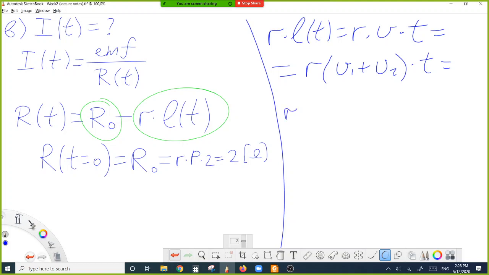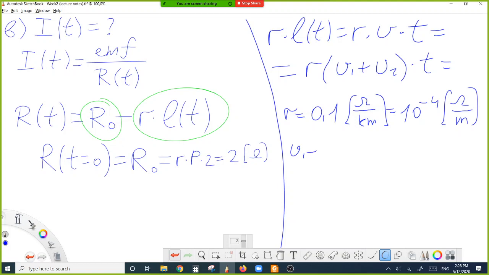So R is 0.1 ohm per kilometer, or 10 to the minus 4 ohm per meter, and V1 plus V2 we have already computed. It was 61 meters per second.